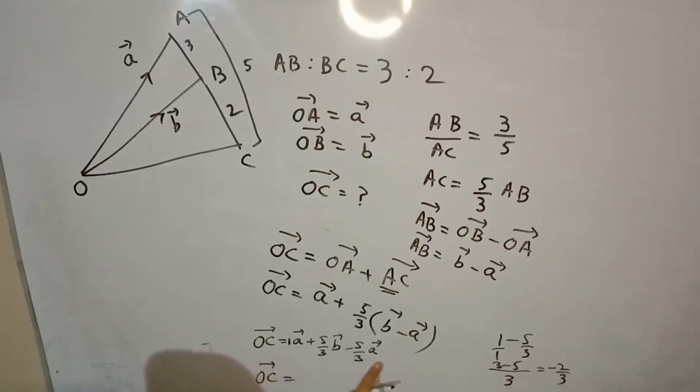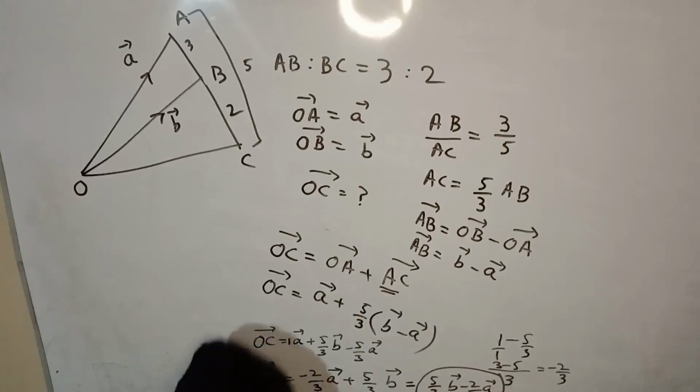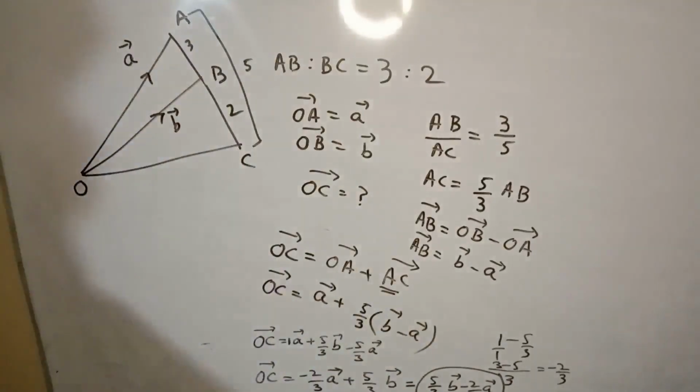So 1A minus 5 over 3A is minus 2 over 3A, minus 2 over 3A plus 5 over 3B, or we can take 1 over 3 common, or this can be written as 5 over 3B minus 2 over 3A. So this is the answer of OC, which is part A of this question. That's it.